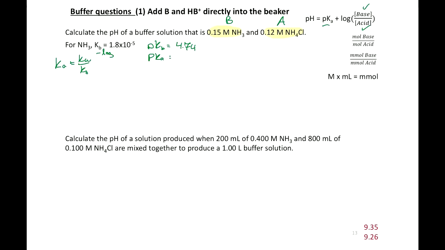So the Ka for ammonium is 5.55 times 10 to the negative 10. If you negative log that number, you get 9.26. Is there anything special about pKa and pKb?